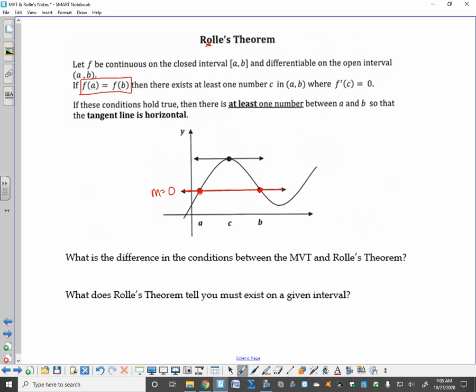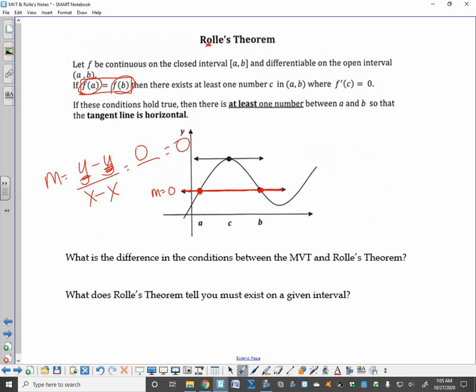That's going to line them up and make the secant line horizontal. Because if I find the slope and I do y minus y over x minus x, and these two y values are equal, you're going to get a 0 on the top, which means your slope is going to be 0.